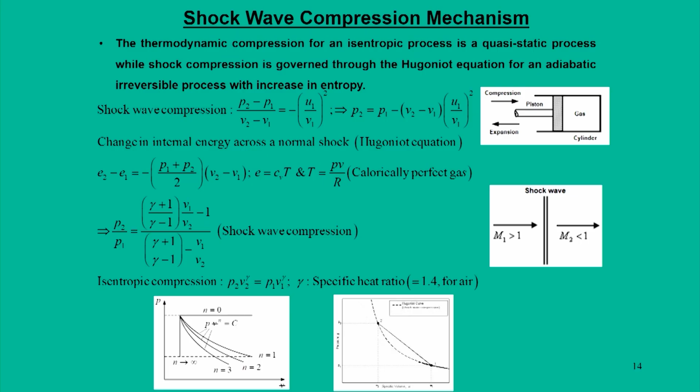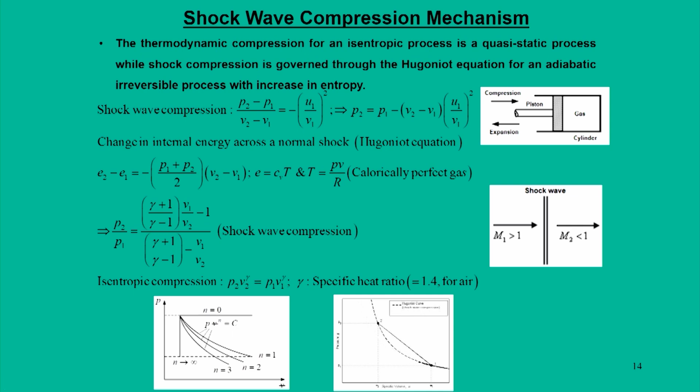Before going to that superimposed curve, we can say that thermodynamic compression for an isentropic process is a quasi-static process, while shock compression is governed through the Hugoniot equations. These are the relations I have already mentioned in our previous lecture.